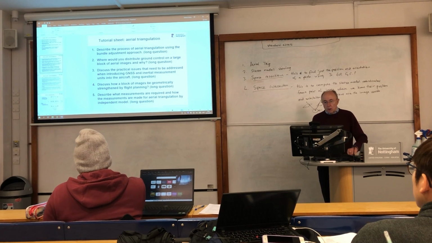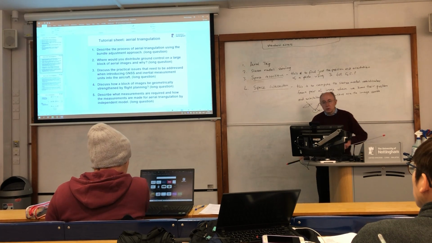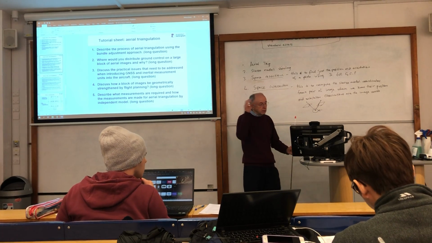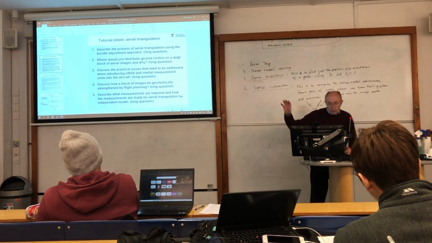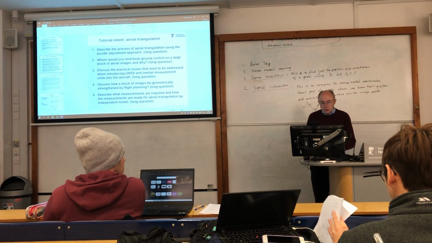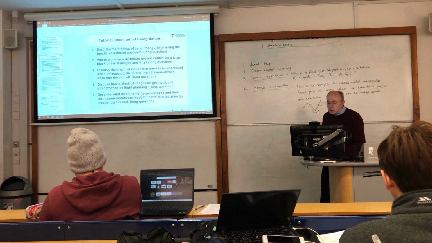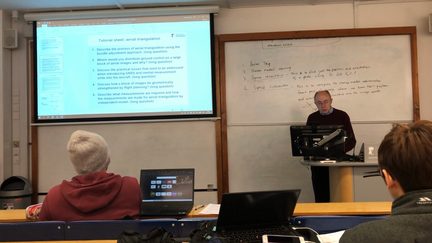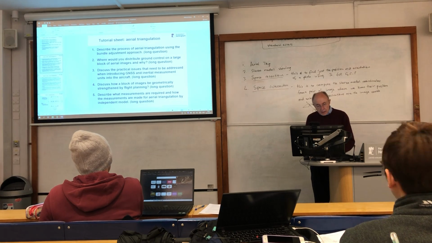Question 2, where would you distribute the ground control on a large block of aerial images? Sorry, I can see where this has come from now. It's obviously a derivative of the previous set of questions. Discuss the practical issues that need to be addressed when introducing GNSS and inertial measurement units into the aircraft.